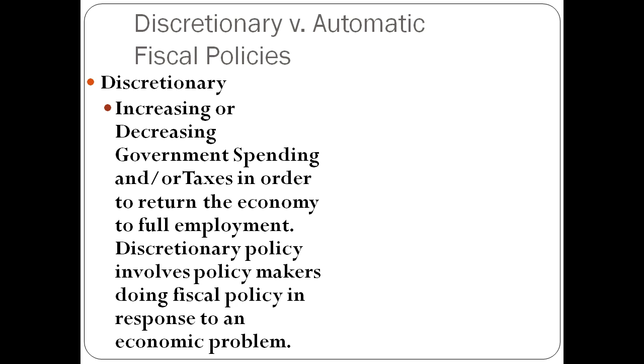Okay, so an example would be several years ago, the President introduced into Congress what was called the American Jobs Act, which contained a variety of tax cuts as well as increases in government spending.